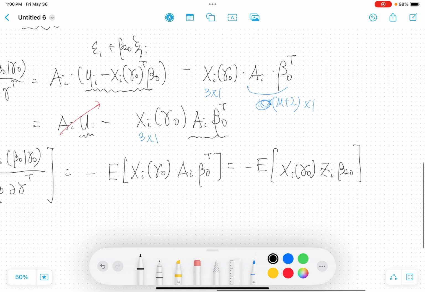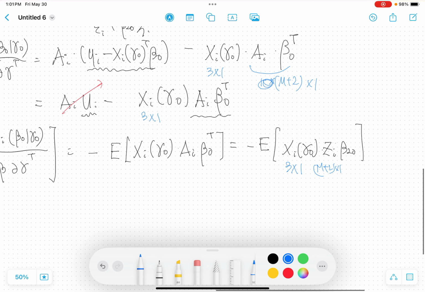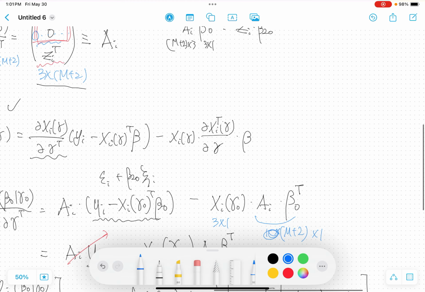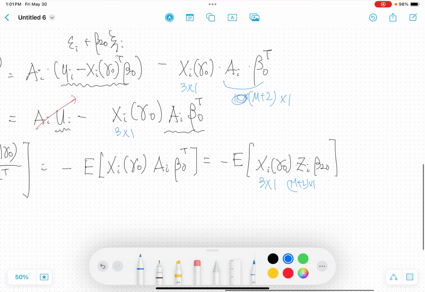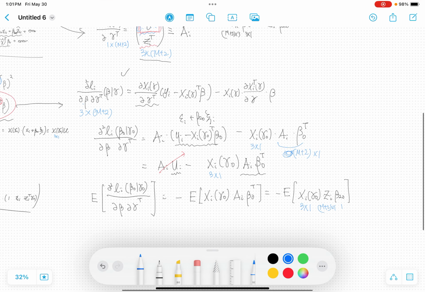So then let's see, it is 3 by 1, m plus 2 by 1, it is 1 by 1. Something is still not right. So the dimension does not match.